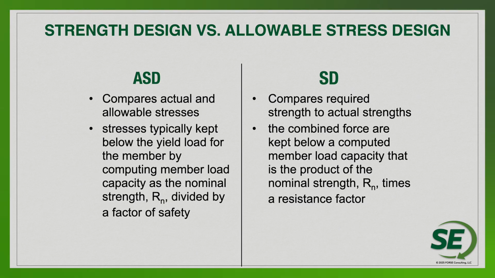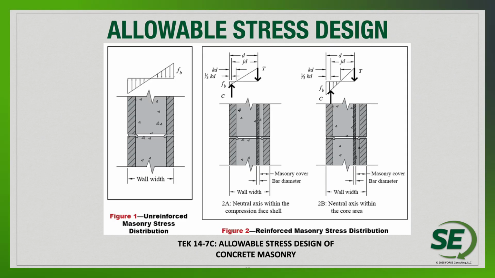So looking at the different tech guides that are available and some of the different diagrams to show what a section looks like and some of the stress analysis that is done within allowable stress design, based on your reinforcement location and allowable stresses that you would have for both the concrete masonry and the steel reinforcement that you would utilize.